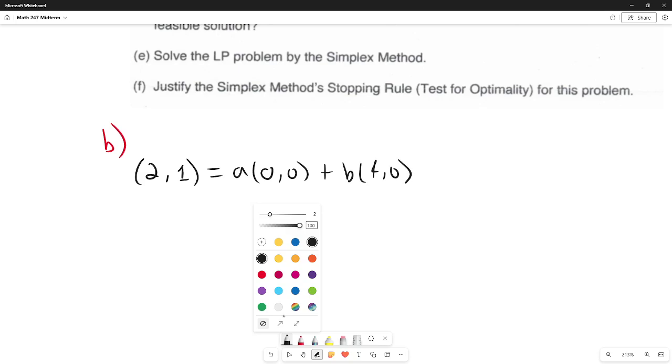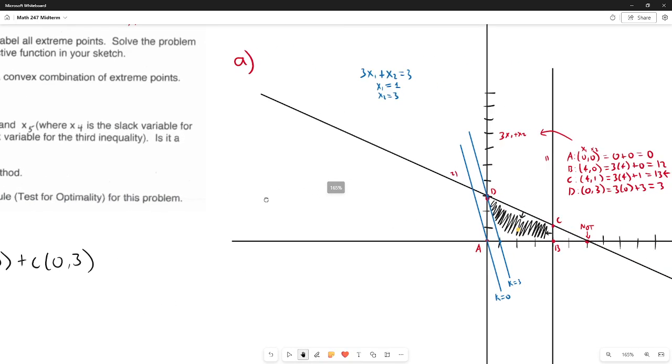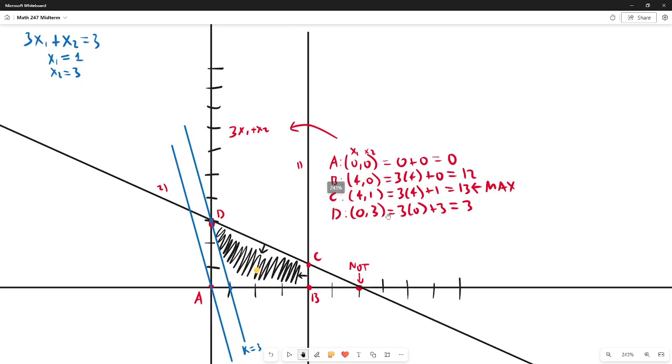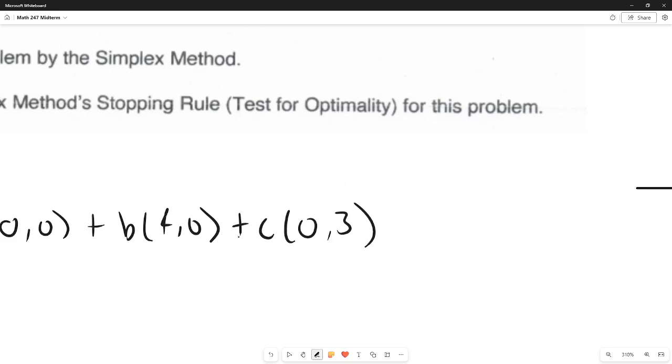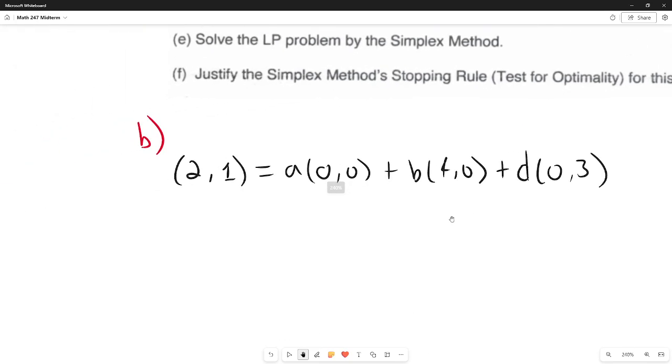And D is (0, 3). Let me just double check. Sorry, not C, D. D (0, 3), B (4, 0). Yeah, I put C instead of D by mistake.